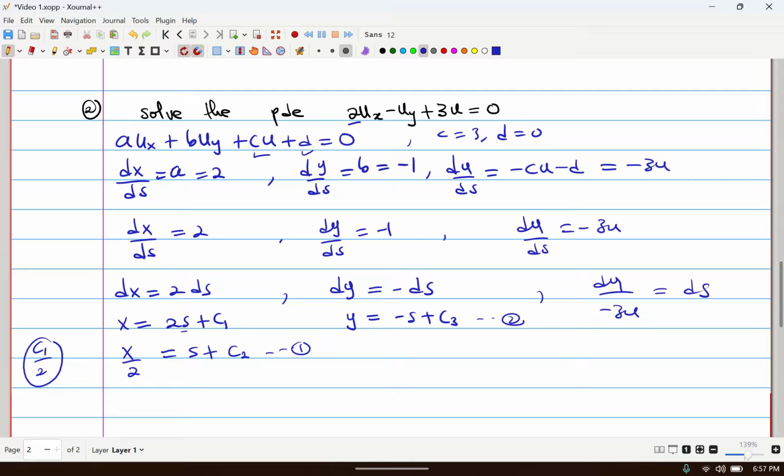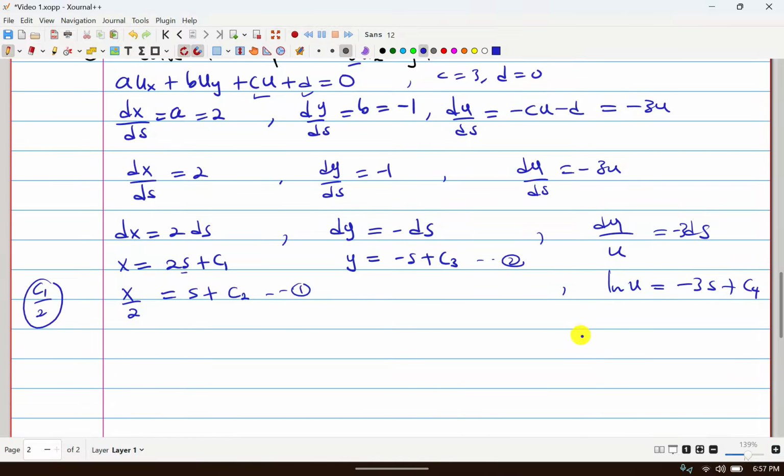However I want to arrange it, let's just do negative 3 here and then u here. So when you solve it, you're going to have natural log of u is equal to negative 3s plus a constant c4. And again, if you do the evaluation we did in the first one, you're going to get u is equal to a constant, say b, times e to the negative 3s.